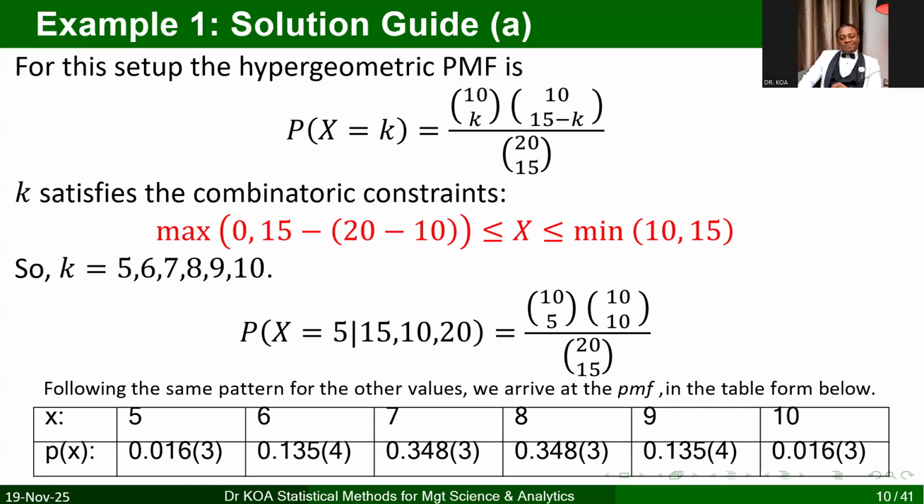So if all of granite are selected, it means that we are looking for the probability that X is 10. But if all of basalt are selected and basalt are 10, then the granite, because I've already gotten the first of the either to be 10 for granite, the next will be the rest that will be left. So when all of basalt is selected, what will be the granite? If the sample is 15 and 10 of them are basalt, then granite will be 5.